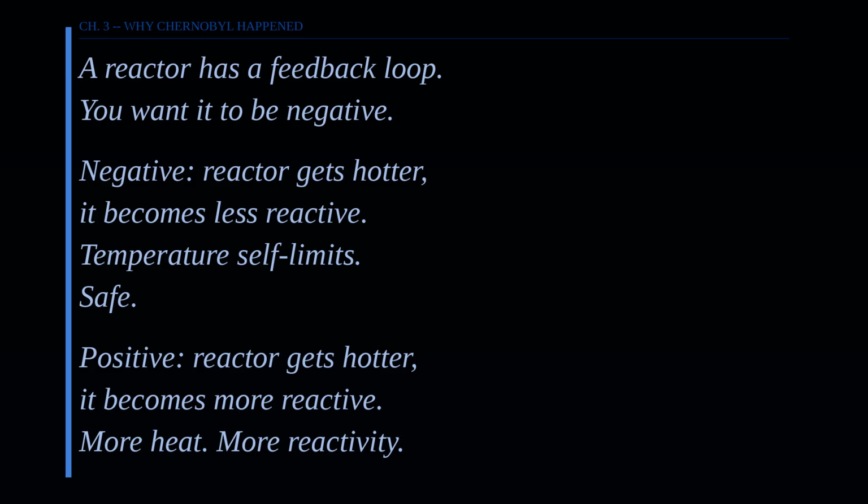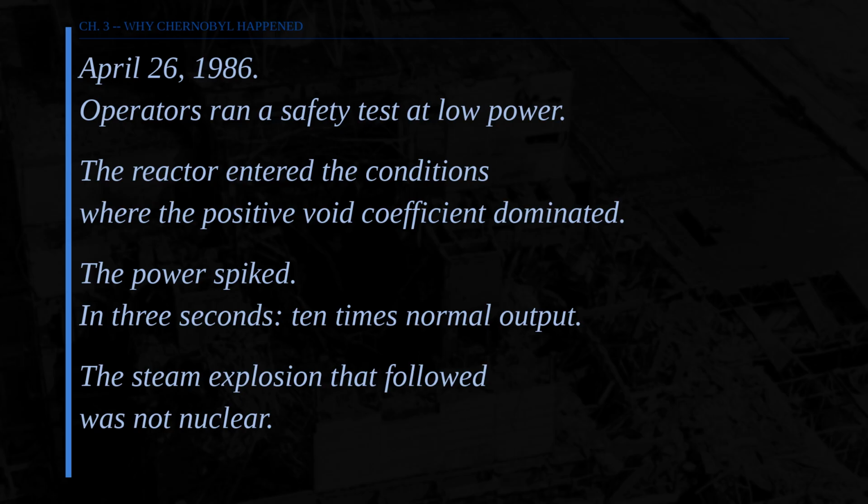On the night of April 25 to 26, 1986, operators at the Chernobyl No. 4 reactor were running a safety test. They needed to determine whether, during a power outage, the spinning turbines could generate enough electricity to run the reactor's safety systems for the 60 to 70 seconds it would take for backup diesel generators to start. The test required the reactor to run at a specific low power level.